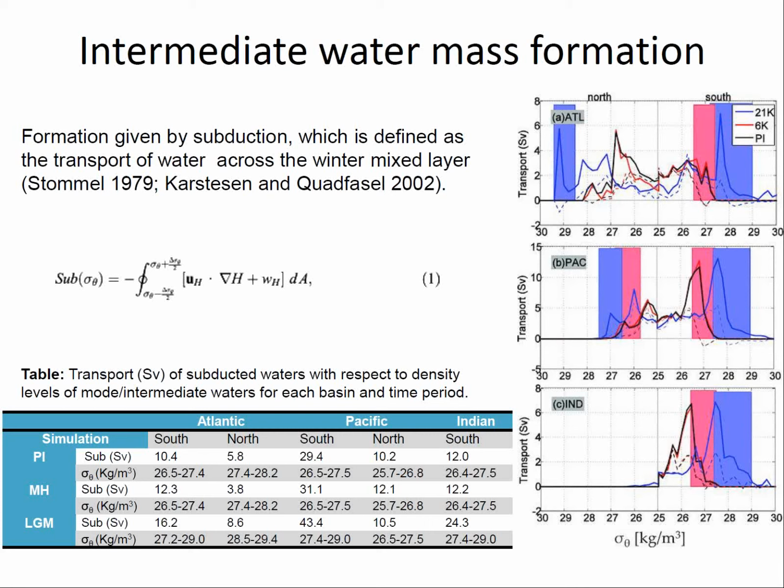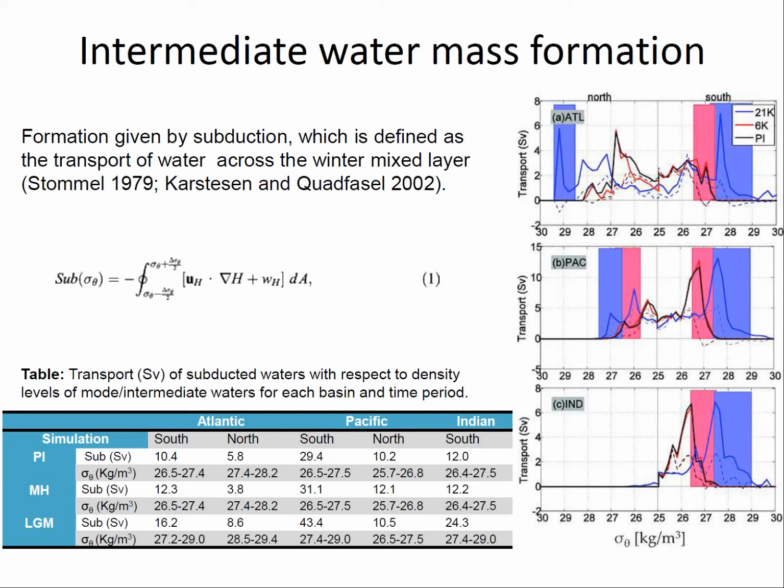And we have an increase in the formation in the intermediate level where the blue patches are. We have an increase in almost all the basins in comparison to the PI, so this is the formation.